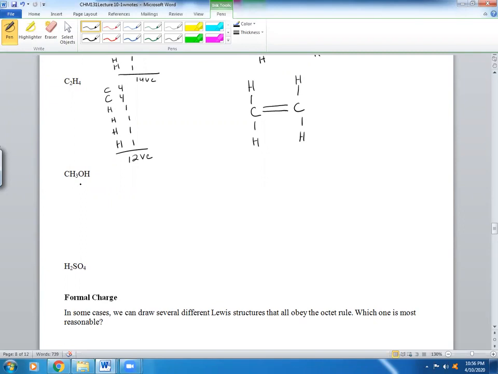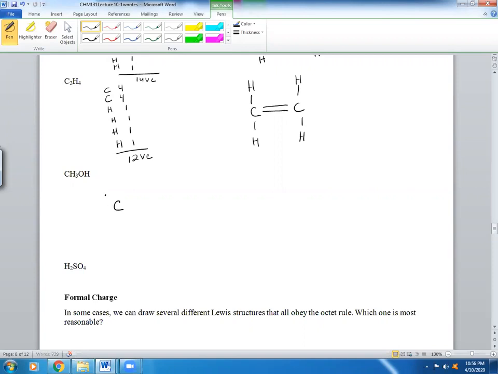Okay, how do I do these? To do these, you really have to pay attention to how it's set up. The way it's written for you, which is what we call a condensed formula, is the way it's supposed to be drawn. But generally, you should be okay with just writing it the way it is.